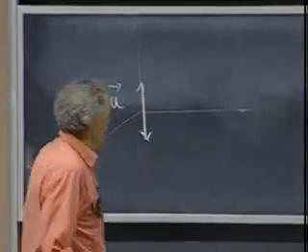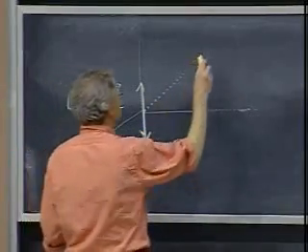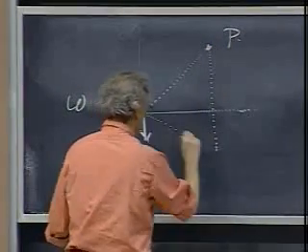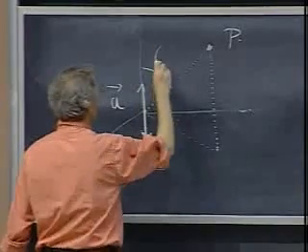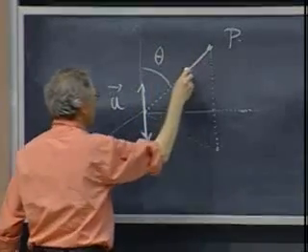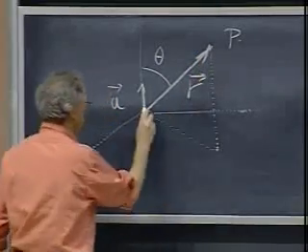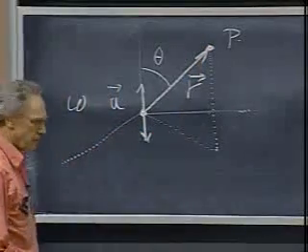We are somewhere in space here, and we receive electromagnetic radiation; we are at point P. I'd like to make you see it three-dimensionally. Let this angle be theta, and this is the position vector r from the origin of the oscillating charge to where you are. You are at point P.